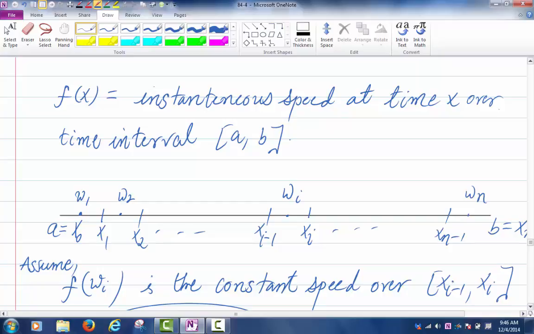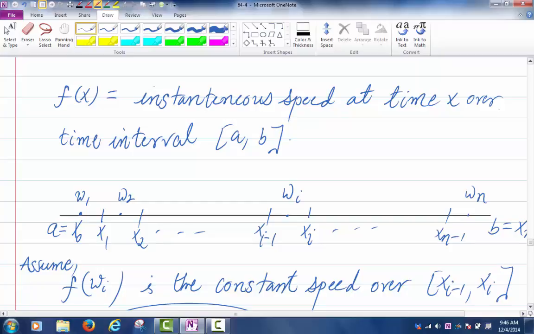And now the thing is, because these subintervals are so tiny, what is f of w1? What does f of w1 tell you? f of w1 tells you the instantaneous speed at time w1, right? So that's not the average speed over the first interval.